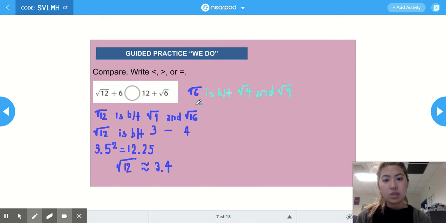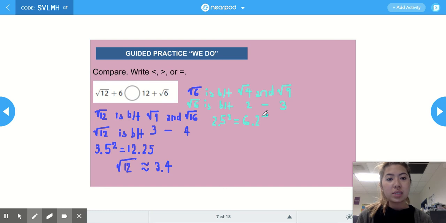So that means that square root of 6 is between 2 and 3. And a number that's between 2 and 3 is 2.5. So we have 2.5 squared. 2.5 times 2.5 is going to be 6.25.